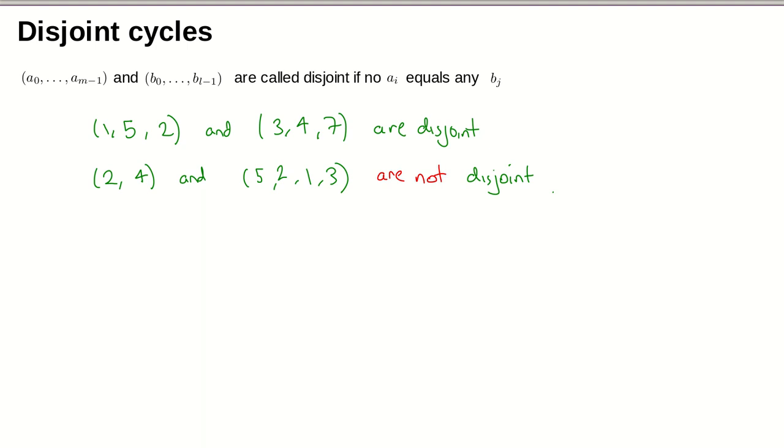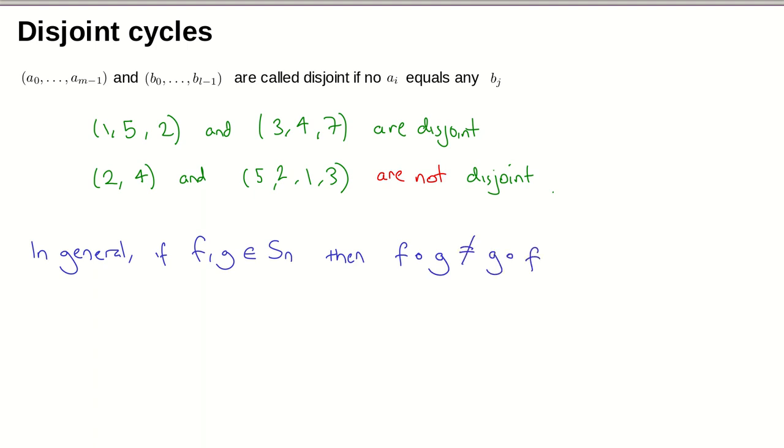There's a good reason to be interested in disjoint cycles, which is something that you are going to prove on one of your problem sheets. And that reason is that we know in general, if you take two permutations, say f and g in S_n, it's not always true that f composed with g is equal to g composed with f.